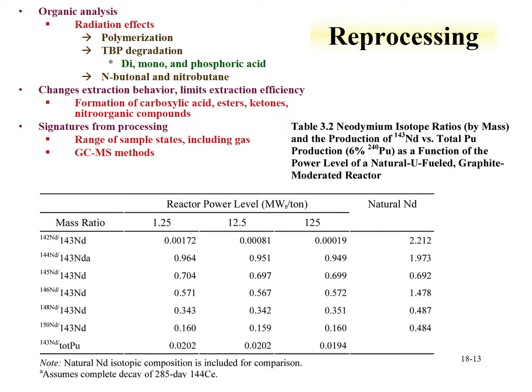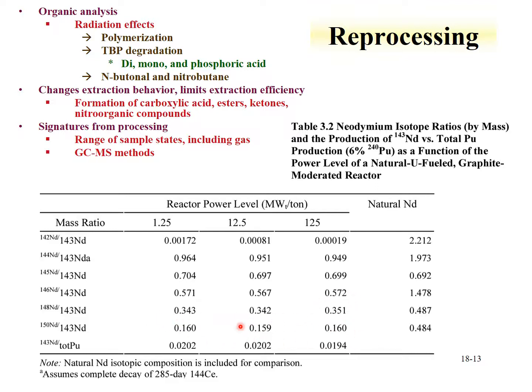But what we want to show here is that if we look at this ratio of the different neodymium isotopes, or the neodymium-143 to plutonium total, that ratio varies a little bit depending upon the power level of the reactor, and we're just going up by orders of magnitude. But we do see that there are some isotopic ratios which could be measured. The sensitivity would be difficult.